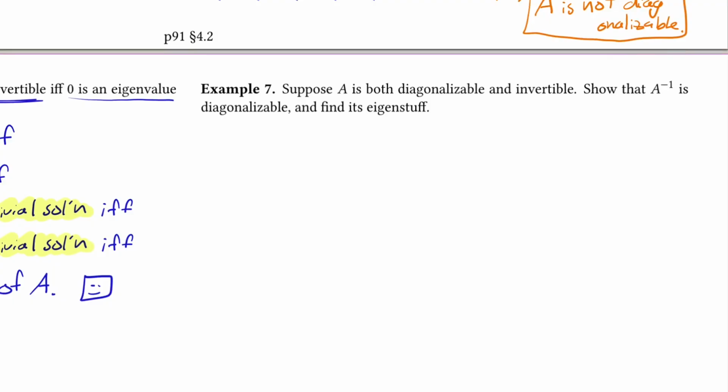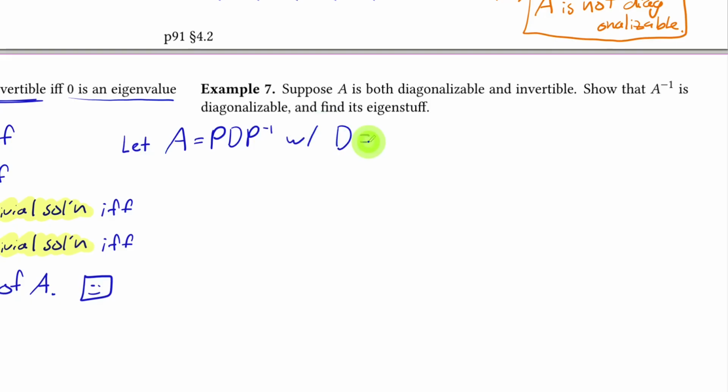Example 7 says, suppose A is both diagonalizable and invertible. Well, it's diagonalizable. That means A can be written as PDP inverse with D diagonal.